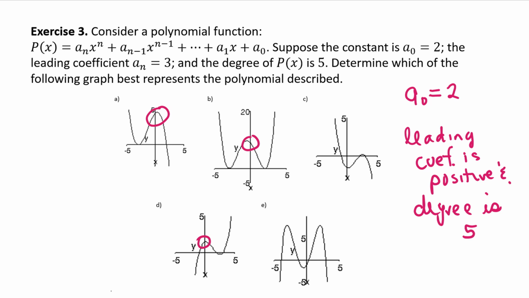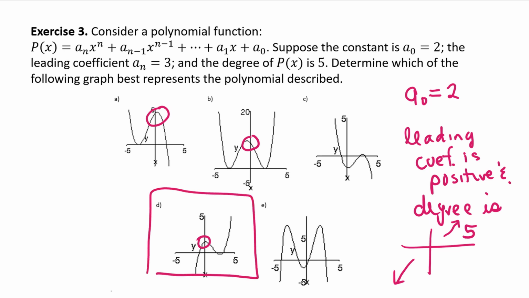That's odd, and so positive and odd means we need a behavior that is increasing from the third quadrant to the first, and so of the 3 remaining choices, graph D best fits that description.